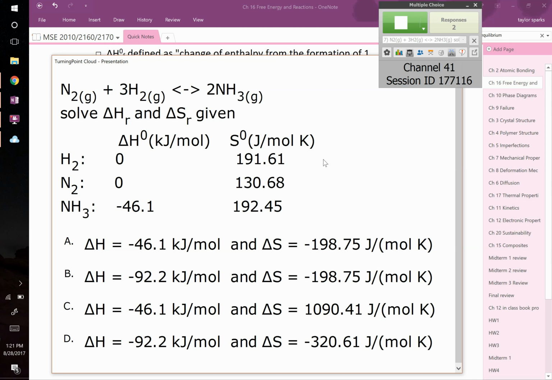We're happy to walk around and help. Remember, it's the sum of the products minus the sum of the reactants.